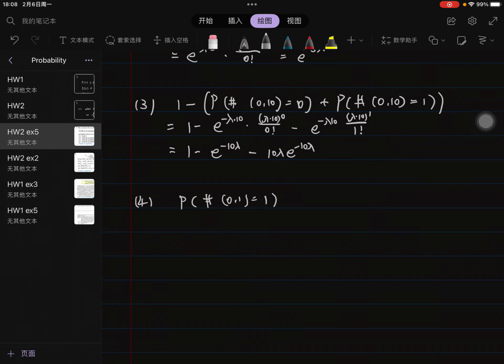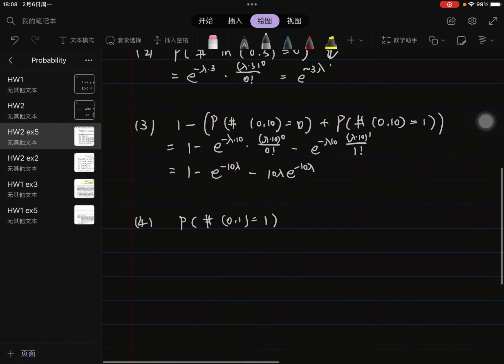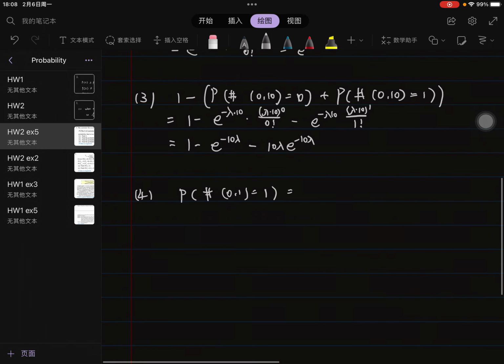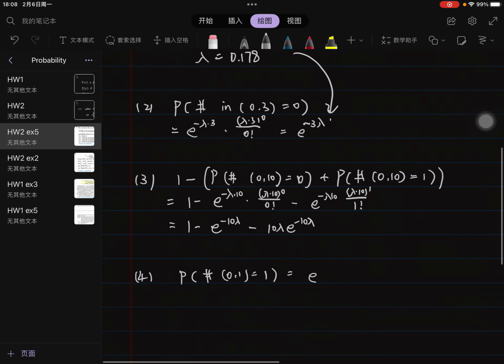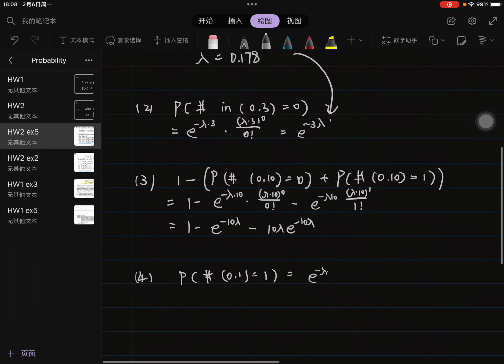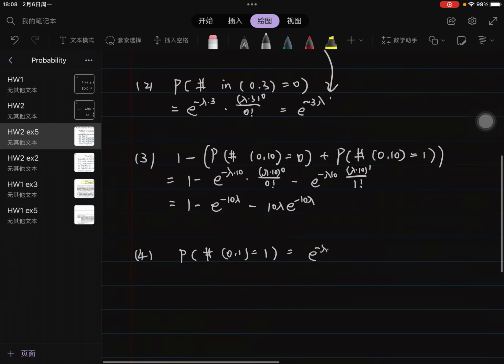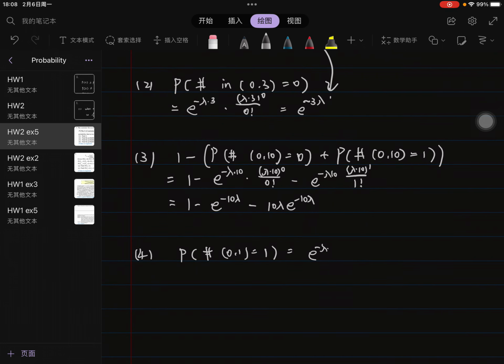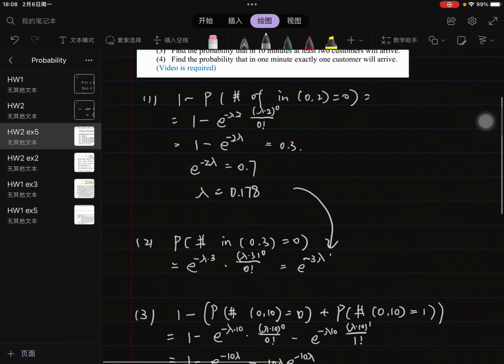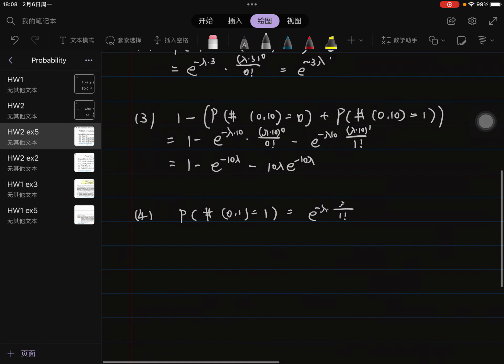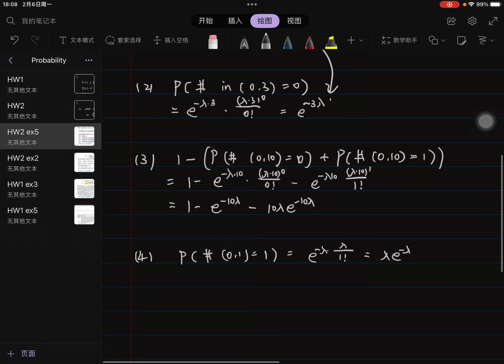So t and k both equal 1. e to the power of minus lambda t, with t equals 1 here, and with the factorial of 1, here is lambda t, lambda to the power of 1, and still lambda, right? So that is our answer here.